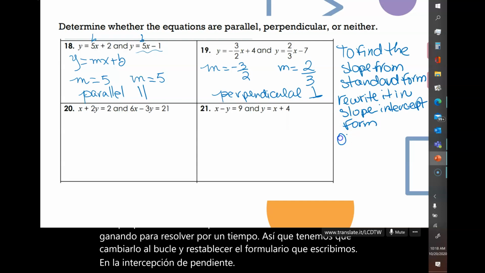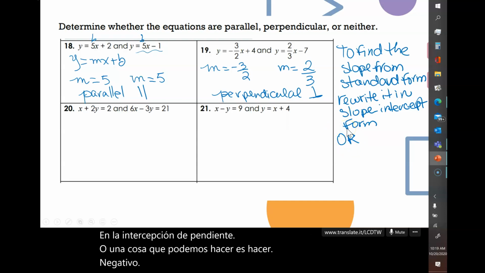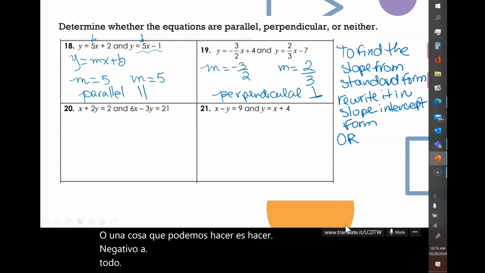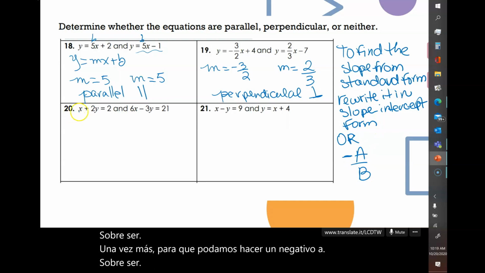Or one thing we can do is do negative a over b. Okay, so we can do negative a over b. So in this case we have x plus 2y equal 2.